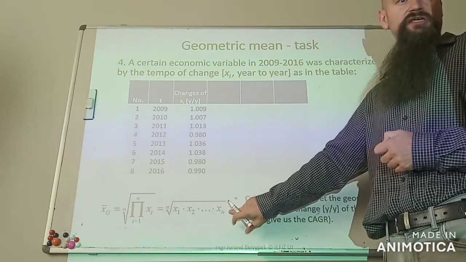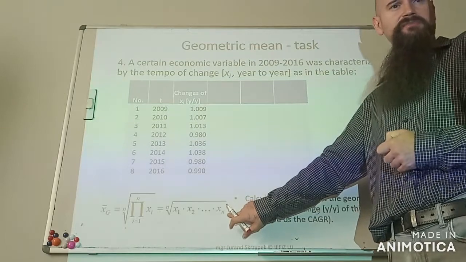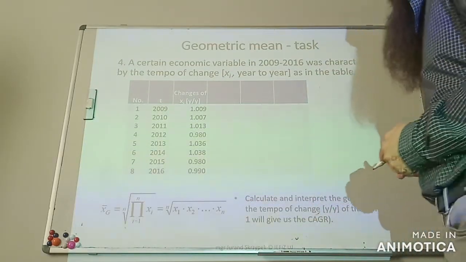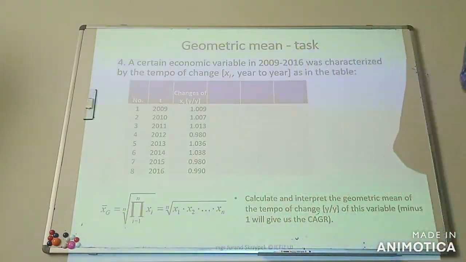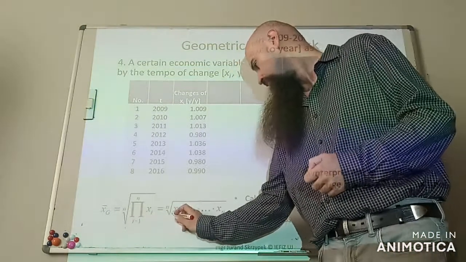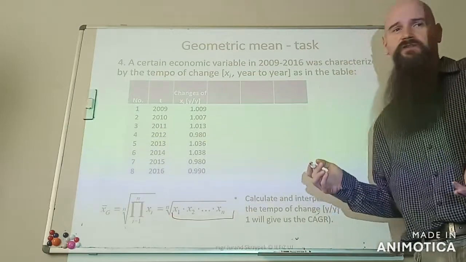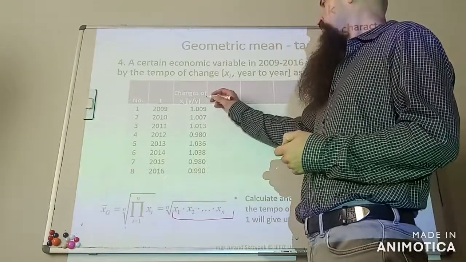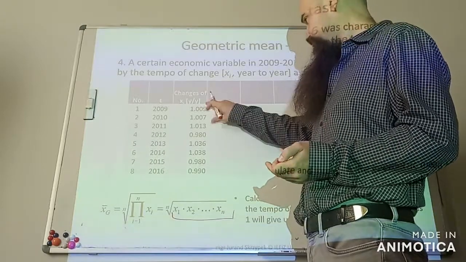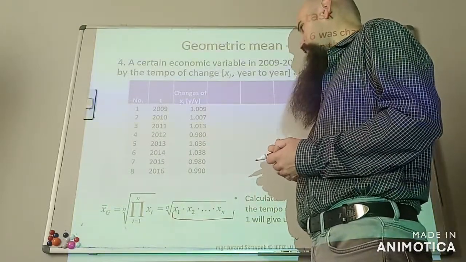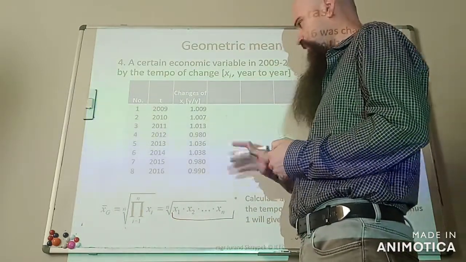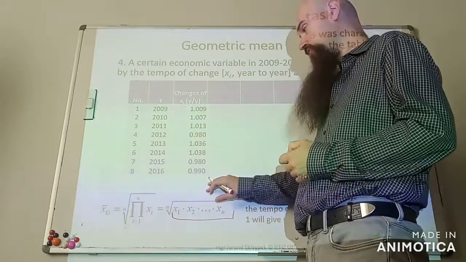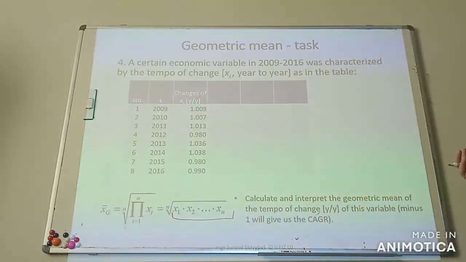We can use a geometric mean here. So, in order to compute a geometric mean, we need the product of all values. Therefore, we multiply all the values from that column.